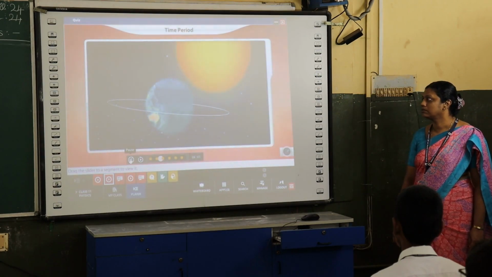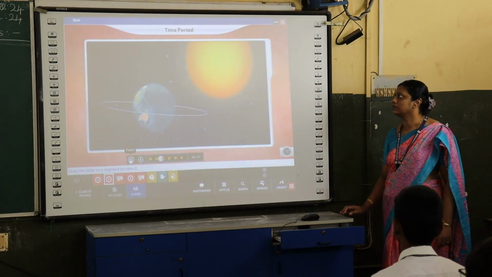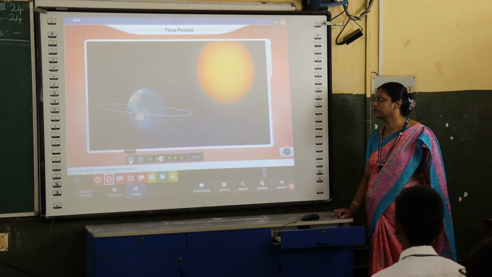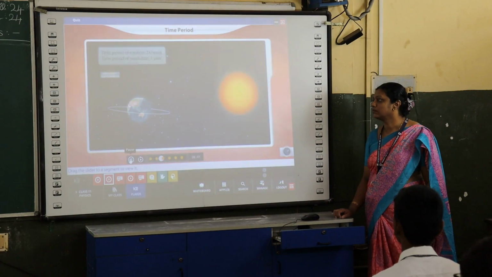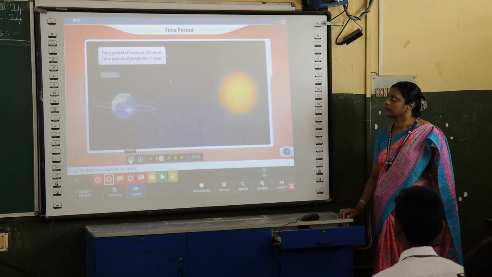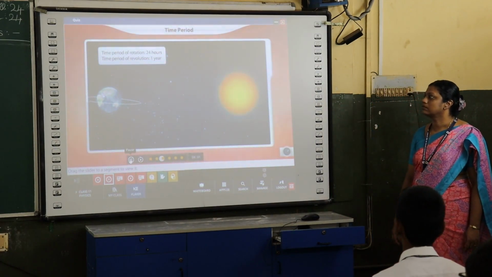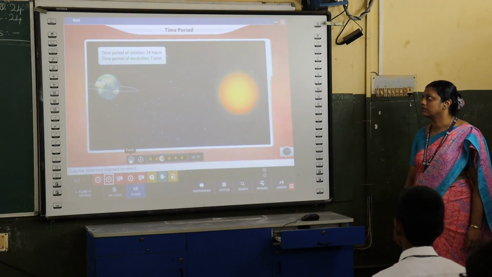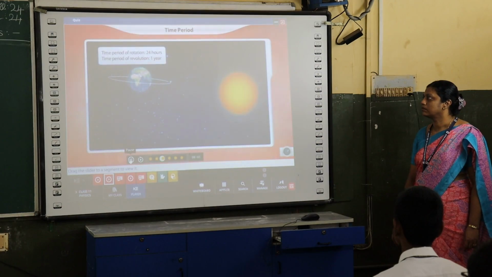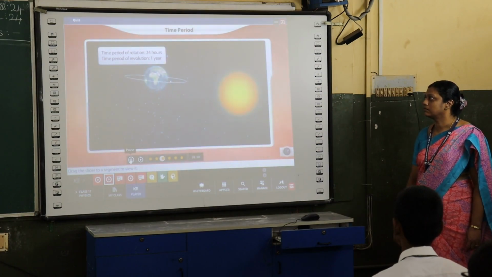Earth undergoes two different periodic motions: rotation about its own axis and revolution around the Sun. The period of Earth's rotation around itself is about 24 hours, whereas for the revolutionary motion around the Sun, the period is about 1 year.